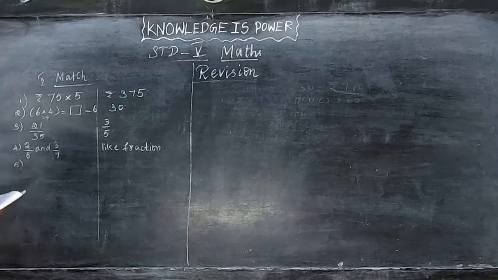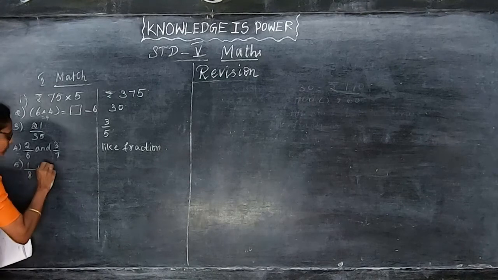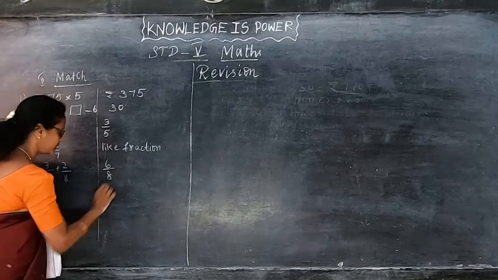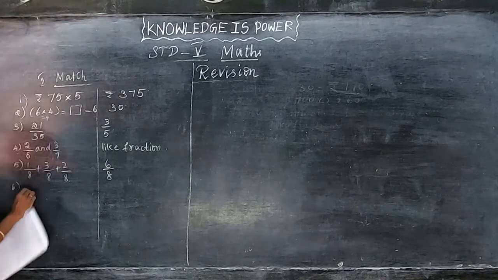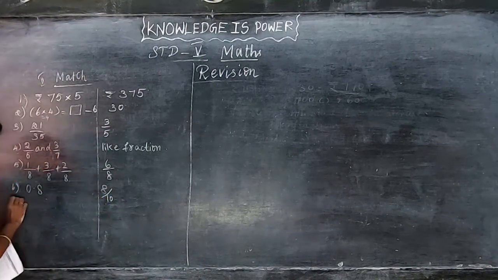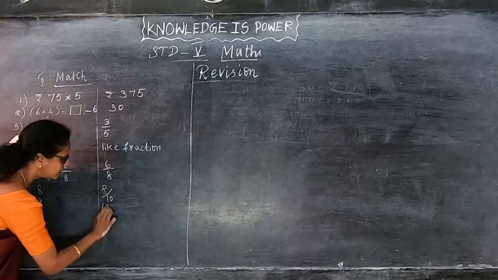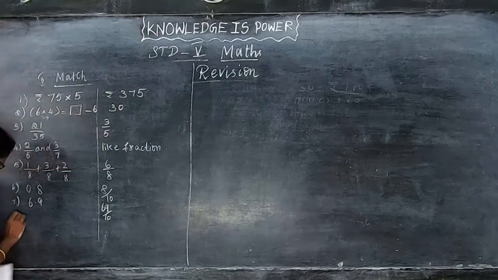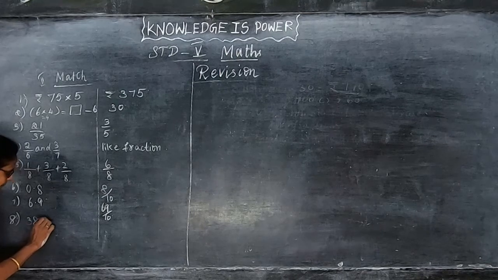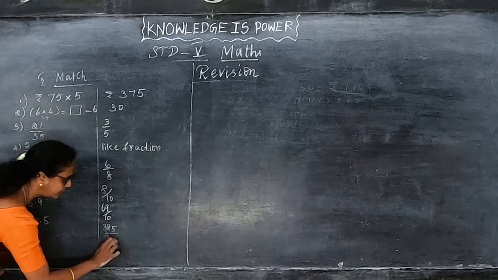And 1 by 8 plus 3 by 8 plus 2 by 8 gives you 6 by 8. 0.8 can be written as 8 by 10. 6.9 can be written as 69 by 10. 38.5 can be written as 385 by 10.